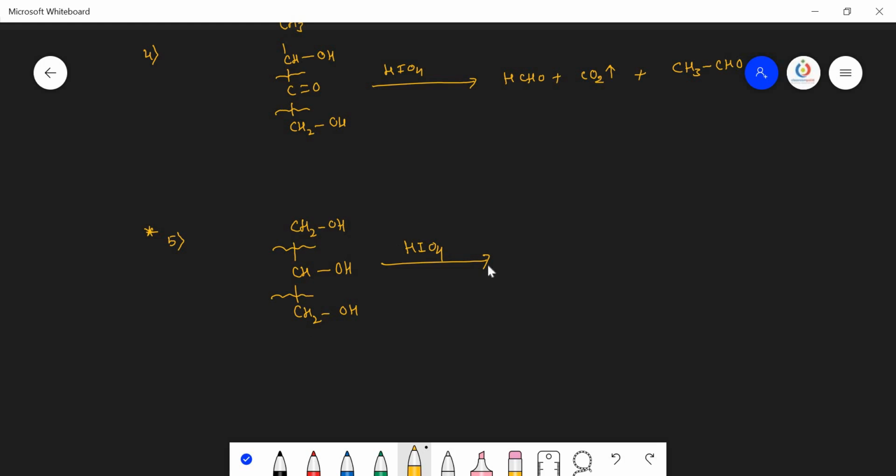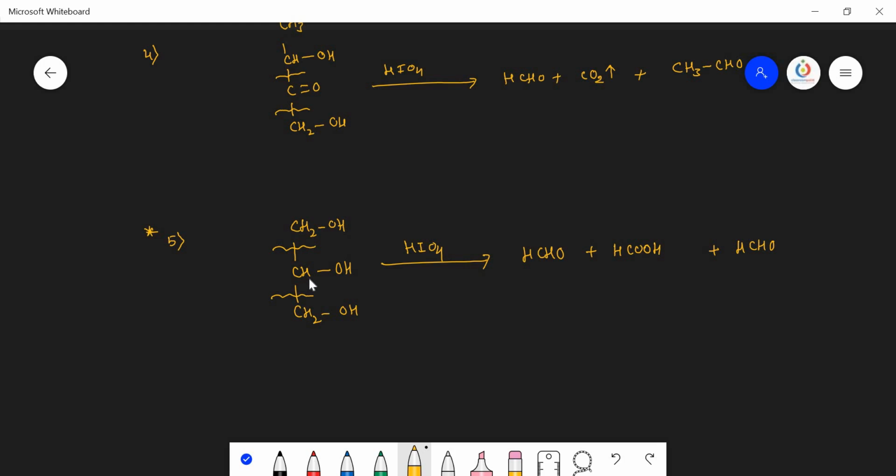Again this will be aldehyde, this will be aldehyde. That is very clear. Aldehyde plus this is also aldehyde. Then what about the course of this particular reaction? This is breaking on both sides. Actually it has to be converted to the aldehyde, but the aldehyde will be oxidized to the carboxylic acid, so that it gives formic acid.